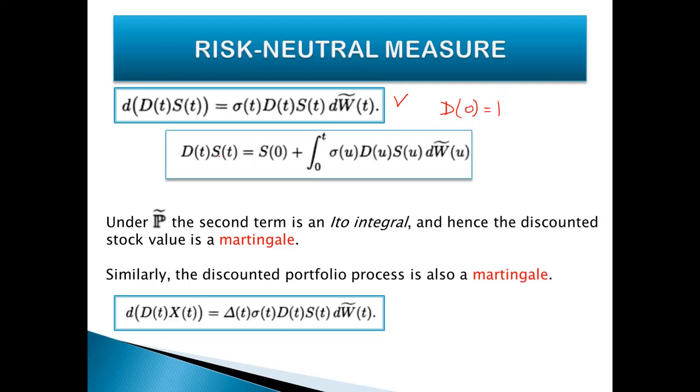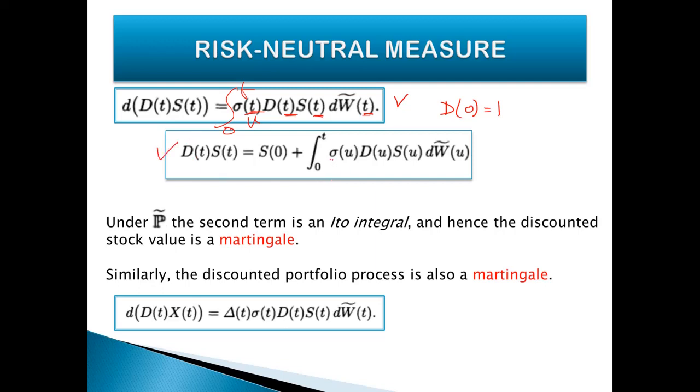So you have DtSt minus D0S0 is the integral from 0 to t of sigma u Du Su dW tilde u. All these are u. So we have a formula for DtSt.